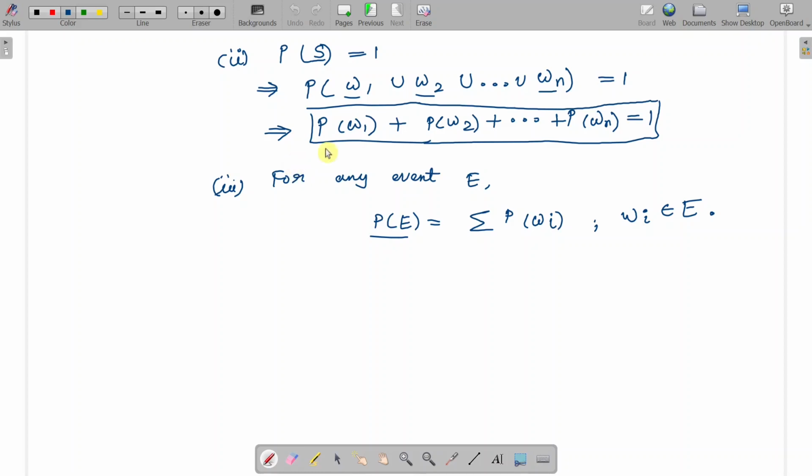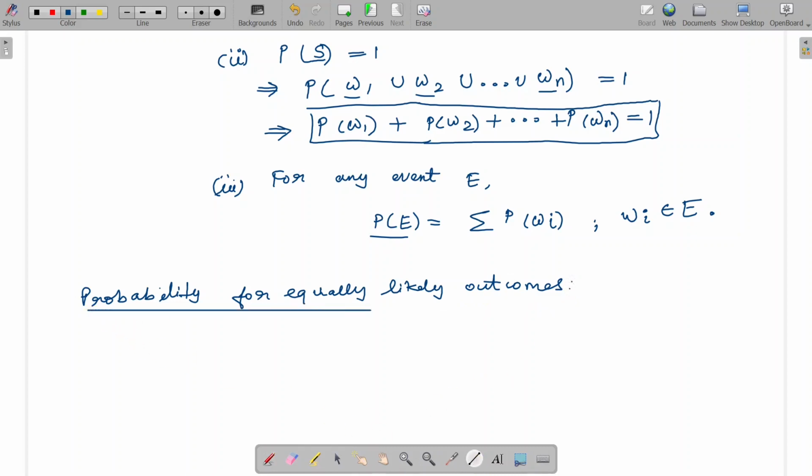Now let us look at something called the probabilities for equally likely outcomes. So this is the next subtopic. Now let us take a sample space.